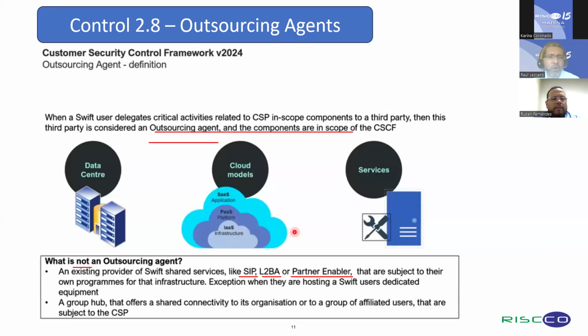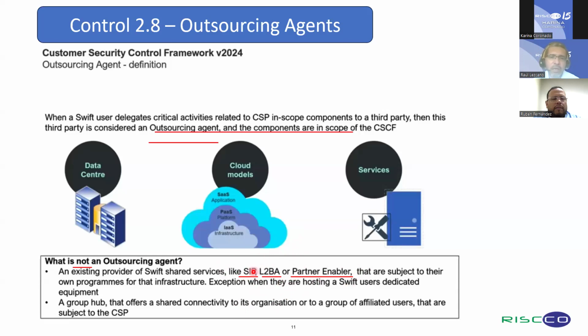And they also highlight what is not an outsourcing agent: those clients who are connected to other services like business applications, Partner Enabler, and Swift, I don't remember the name of this acronym, is an integrated platform. I don't remember exactly, but it's a service that Swift offers through partnership to the clients.